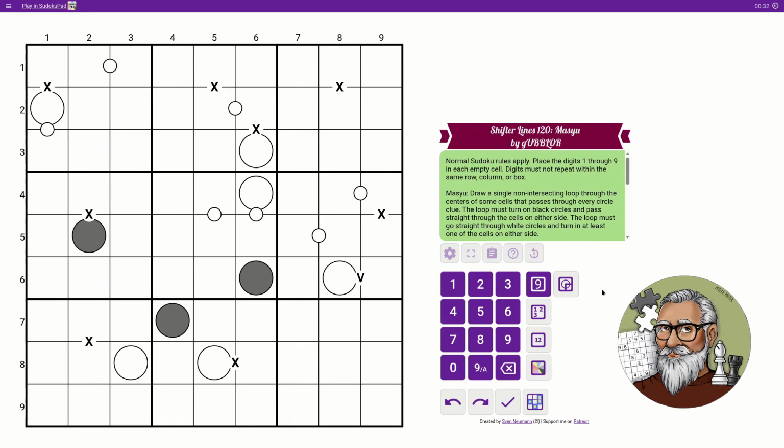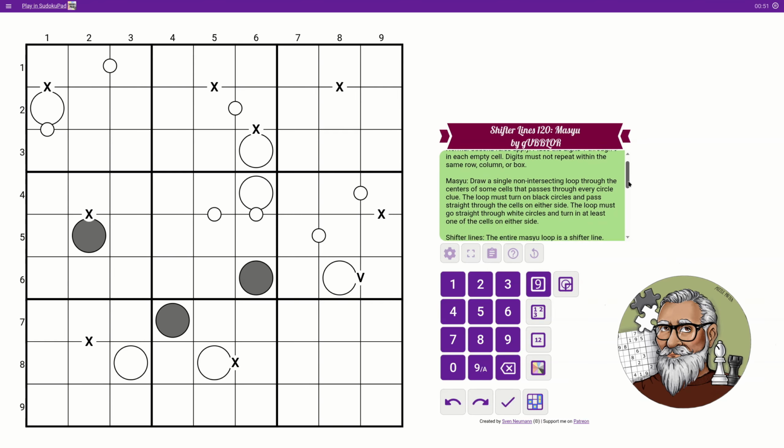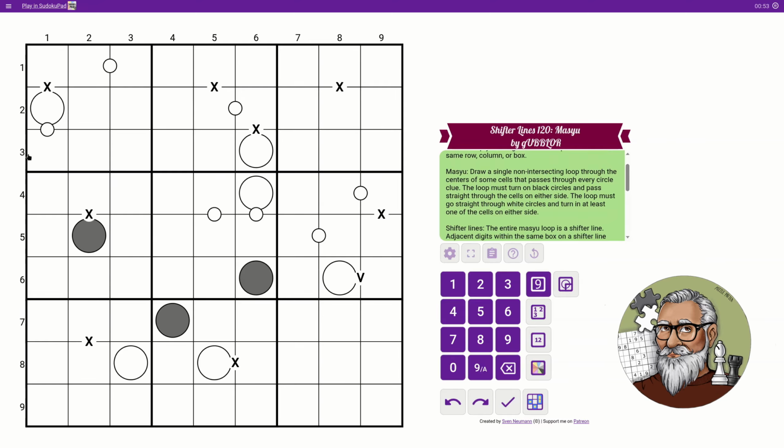Normal Sudoku rules apply. Place the digits 1 through 9 in each empty cell. Digits must not repeat within the same row, column, or box. Masyu. Draw a single non-intersecting loop through the centers of some cells that passes through every circle clue.